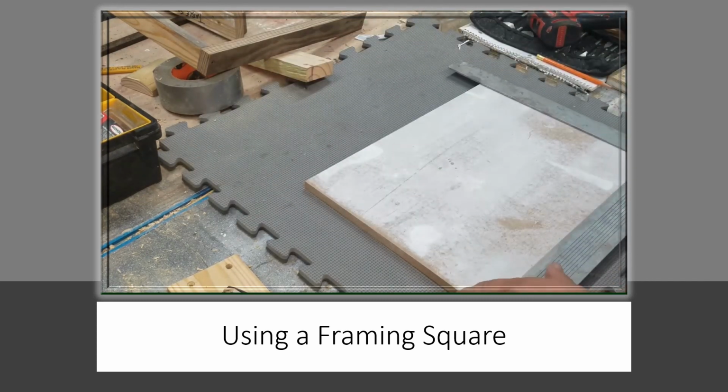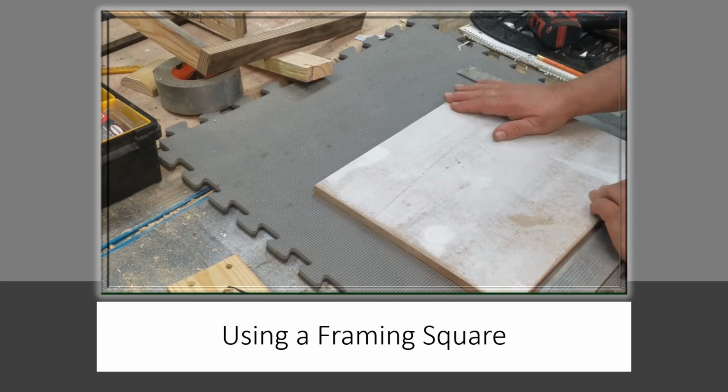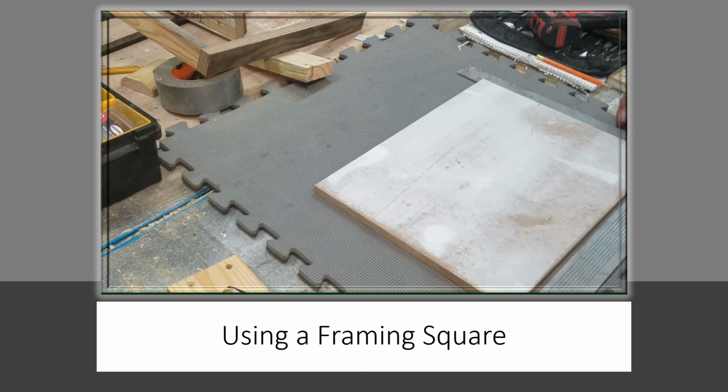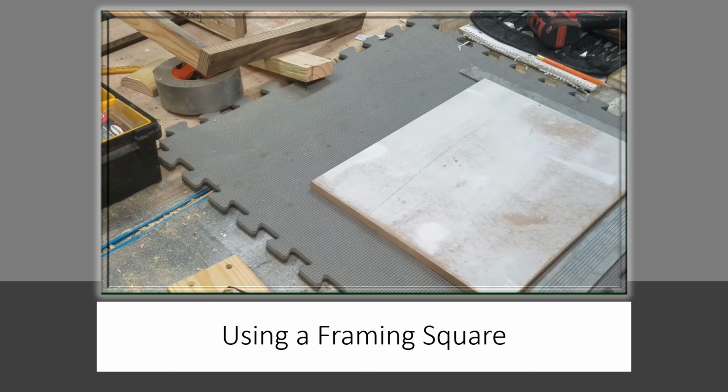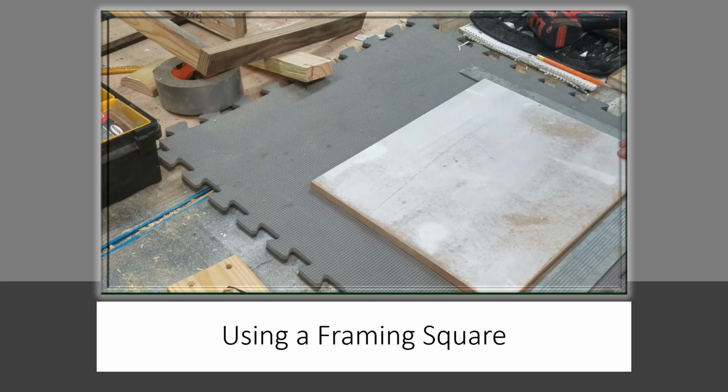Let's say you were trying to square up a building that was 80 feet long, and I pull a string line. I start here and I say, okay, this is the corner of my building, and I just want to get this string perfectly in line with this square and run it out there 80 feet. Line it up here, and then I should be square.